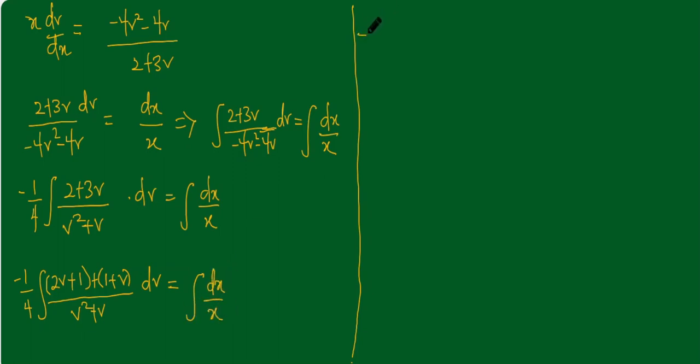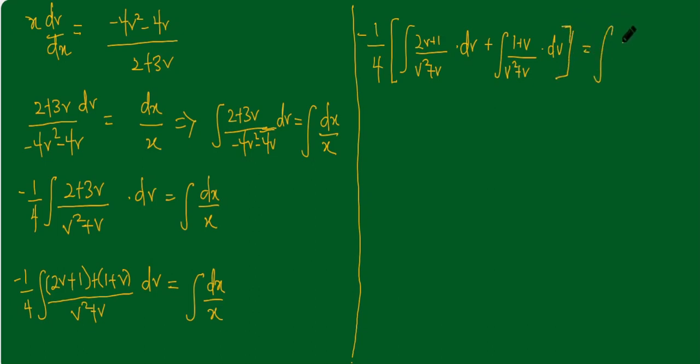So we can now further simplify this as minus 1 over 4 into bracket integral of 2v plus 1 divided by v squared plus v dv plus the integral of 1 plus v divided by v squared plus v dv is equal to the integral of dx divided by x.